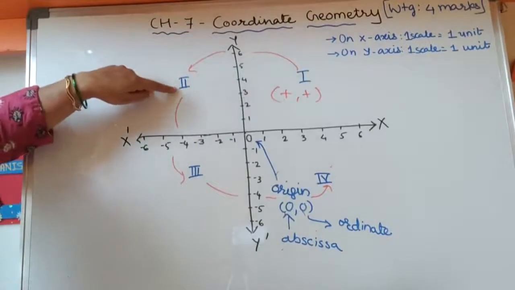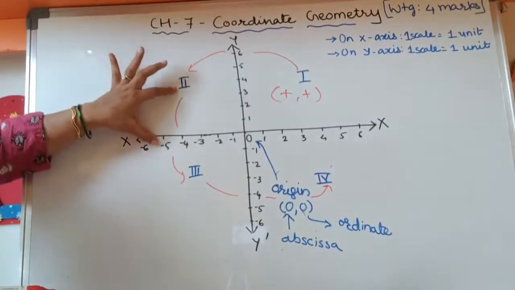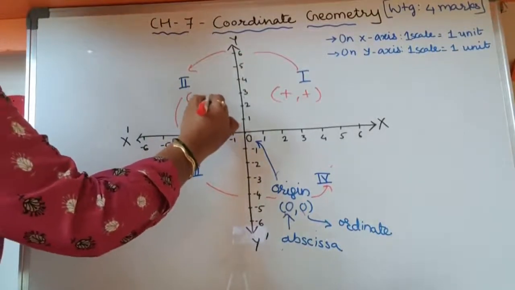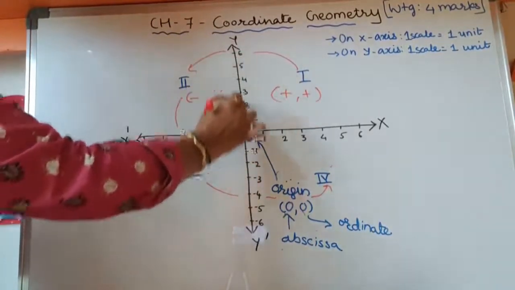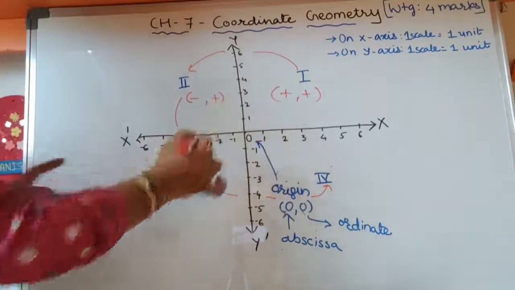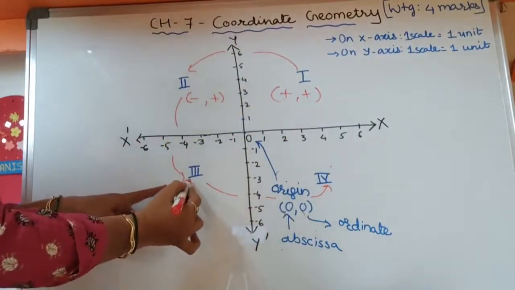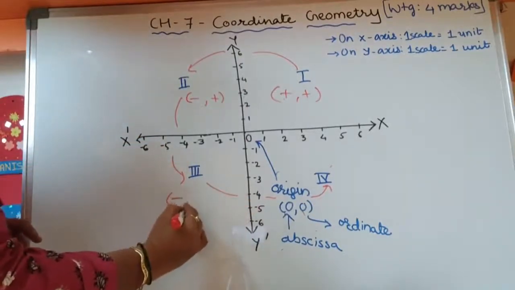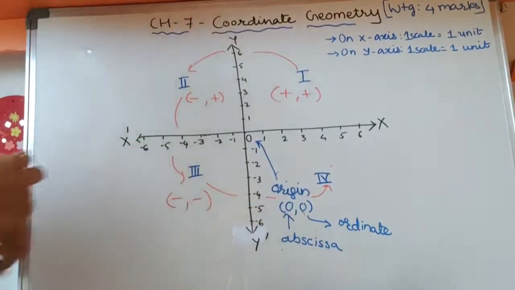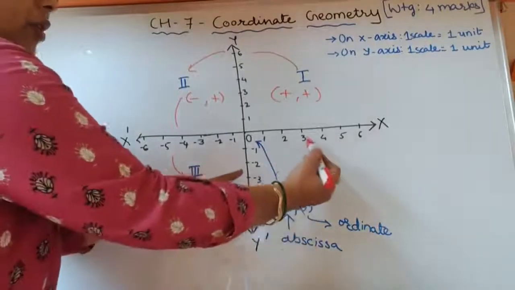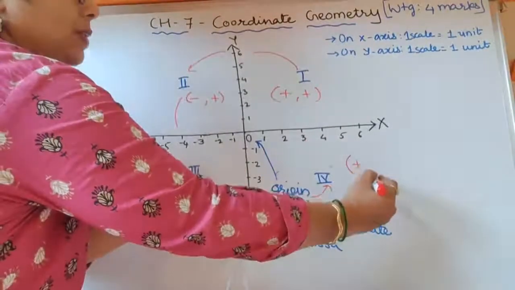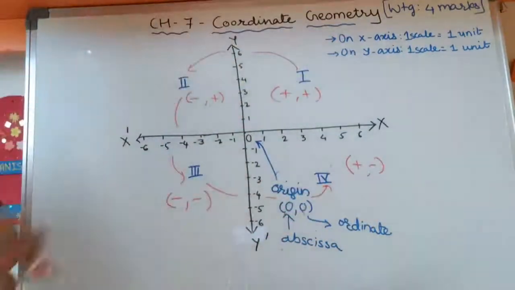Now go to the second quadrant. Here again we have to write the x coordinate first. So the sign is minus and then plus, because here y is positive. Now at the third quadrant, both signs are negative, so negative, negative. Now move to the fourth one. First is the x coordinate, so here the sign is plus, comma, minus.